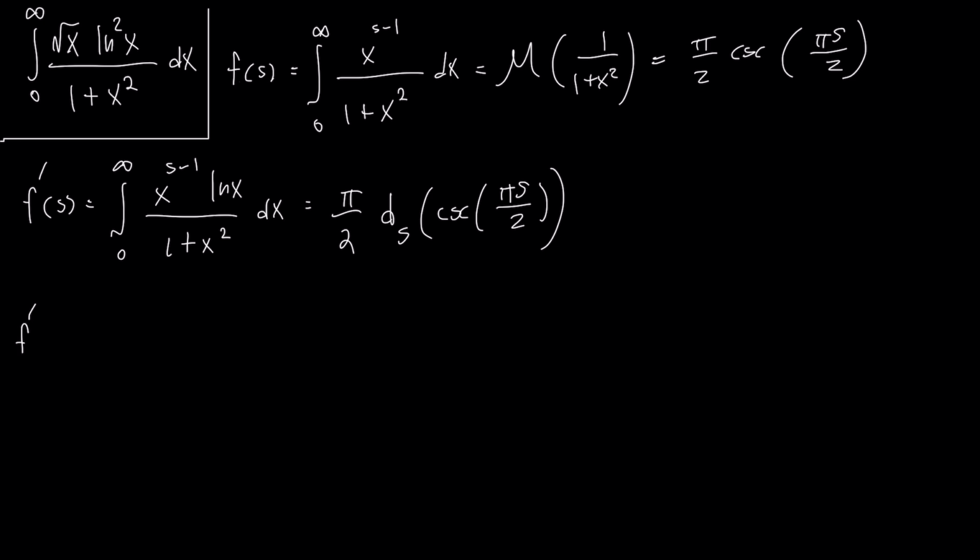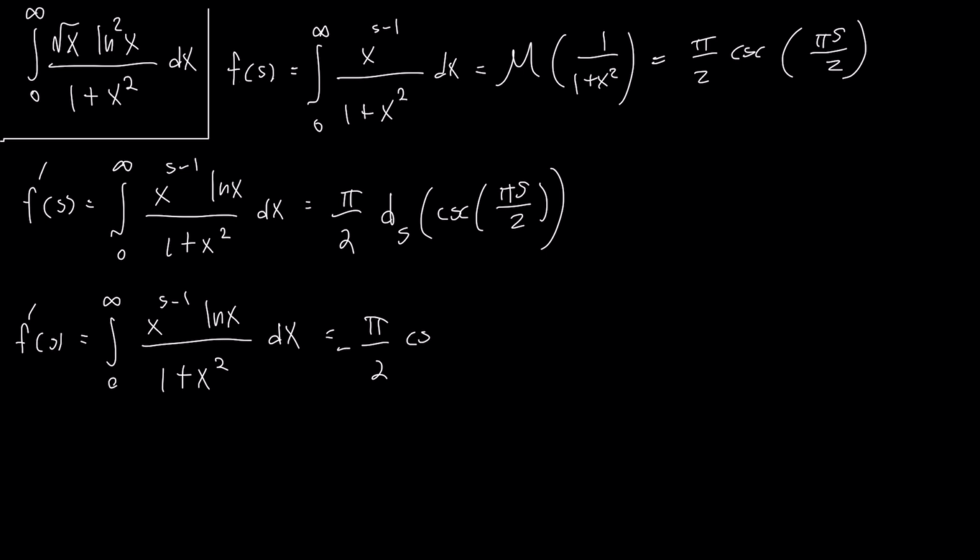So f prime of s is the integral from 0 to infinity x to the s minus 1 ln x over 1 plus x squared dx, which is equal to pi over 2, and this derivative will be negative cosecant of pi s by 2 cotangent of pi s by 2 times the chain rule, so you have an extra pi over 2, so you have a negative pi squared and a 2 squared.